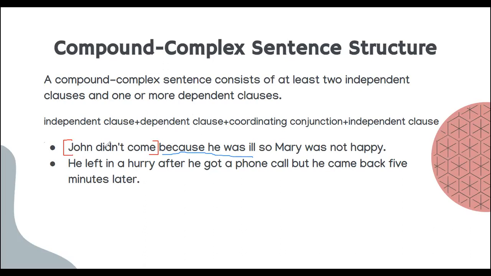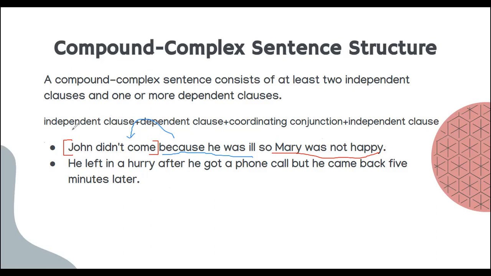John didn't come home, independent, because he was ill, dependent. Dependent on what? Dependent on our independent clause. So Mary was not happy. This would be independent. See how? Independent, dependent, coordinating conjunction, independent.